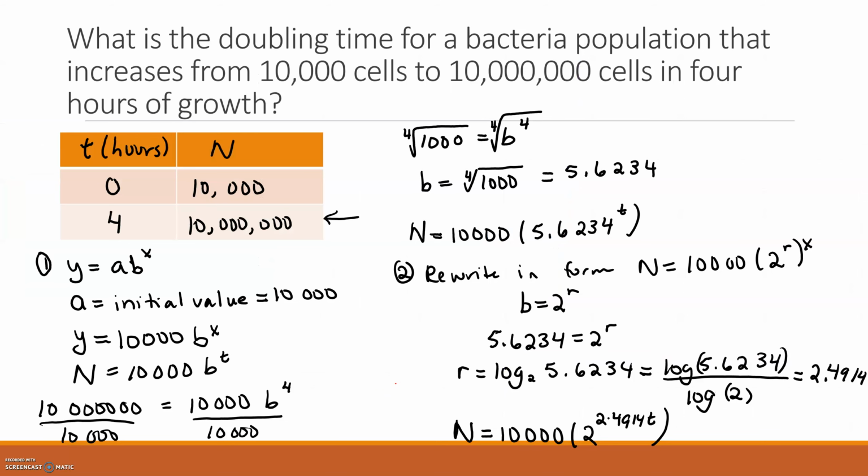Another way to confirm that our change of base is actually correct is to evaluate 2 to the power of 2.4914 in your calculator, and you'll get your original base of 5.6234. Now we're ready to calculate the doubling time. So our third step, calculating doubling time.